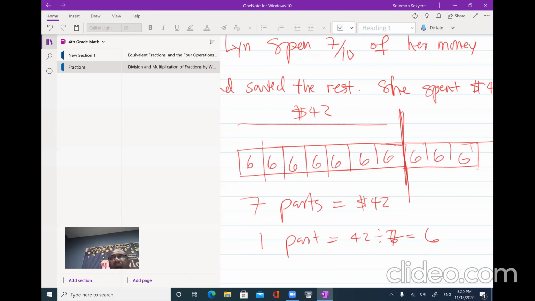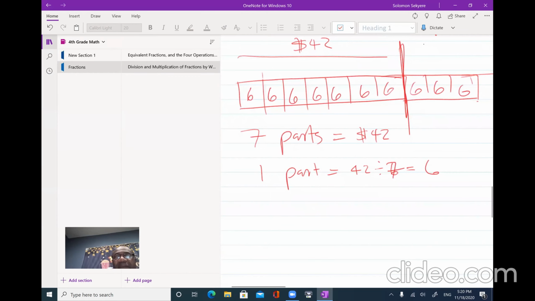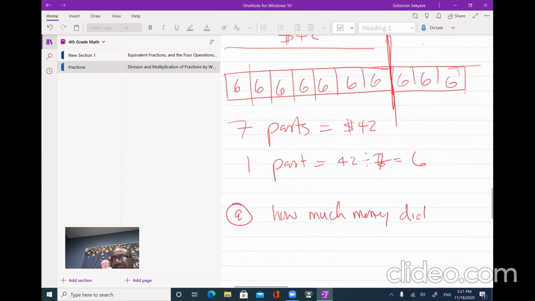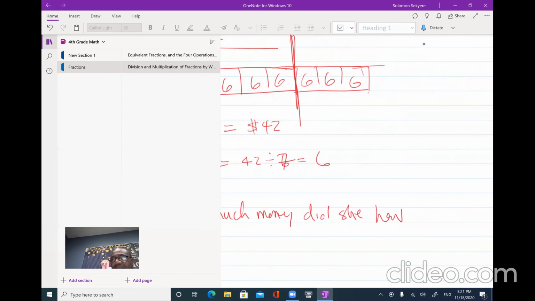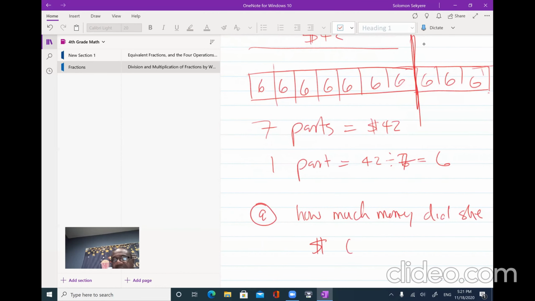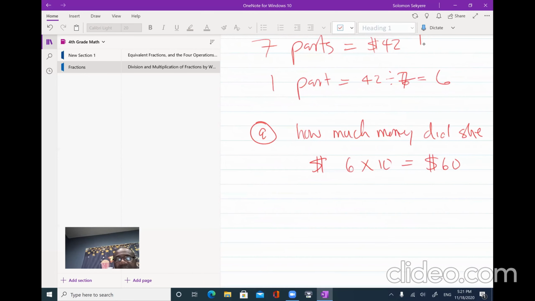Okay, so how much money did she have at first? She had $60, right? 6 times 10. Okay, how much money did she save?